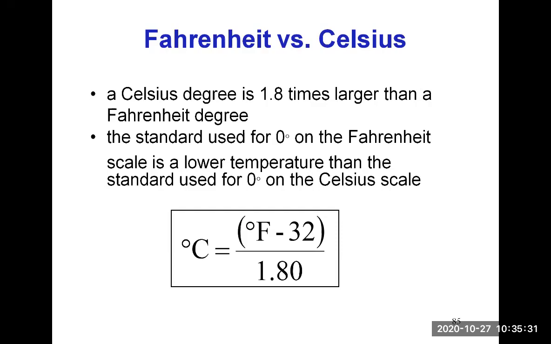So 32 minus 32 would be 0 degrees Celsius. So the degree Celsius 0 is in Fahrenheit 32 degrees. And then if you have 0 degrees Fahrenheit, then you have negative 32 over 1.8, and this comes up to about negative 18 degrees Celsius for the 0 degrees Fahrenheit.